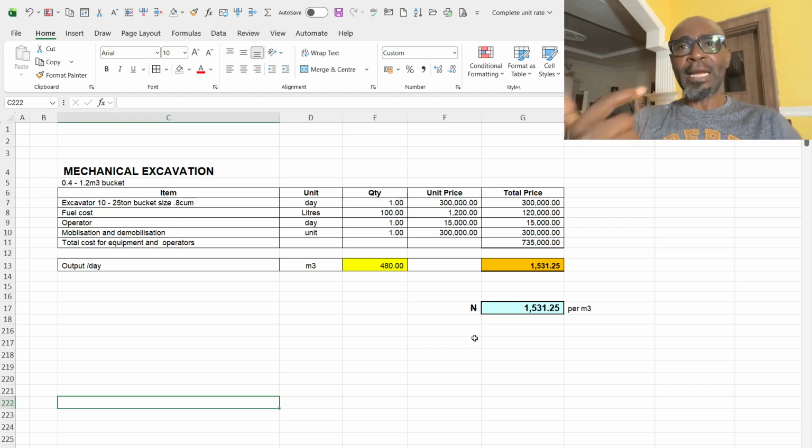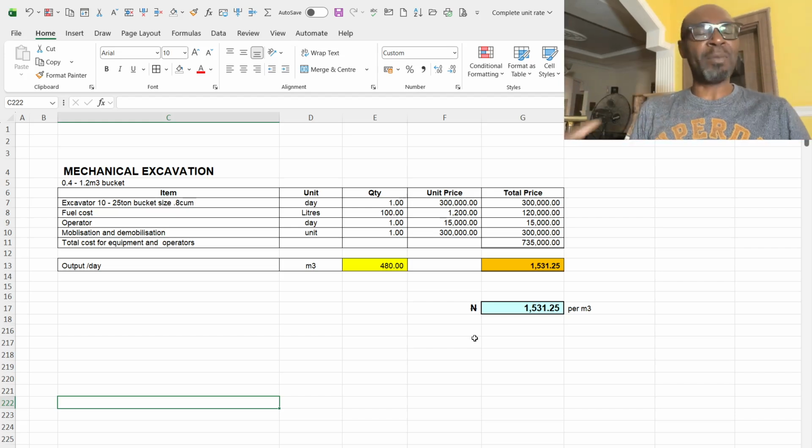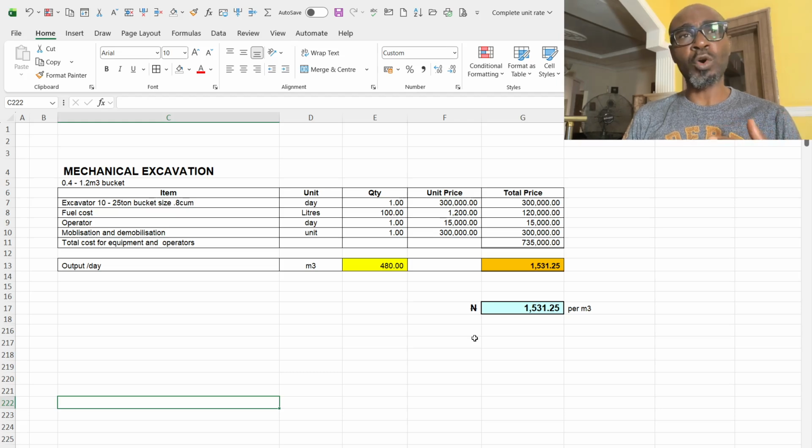Then there is the type of material you are expected to dig. Is it a hard soil? Is it a loose soil? Is it a dead rock? A semi dead rock? This also will affect the output. Also, in that aspect of the bucket, there's what we refer to as the fill factor.